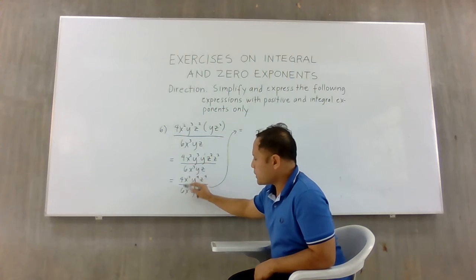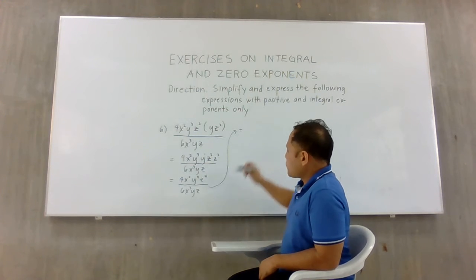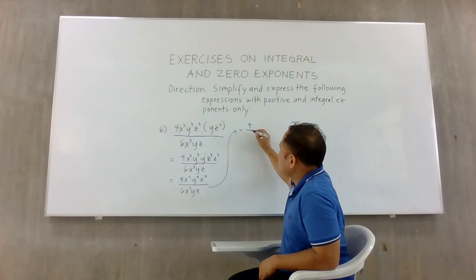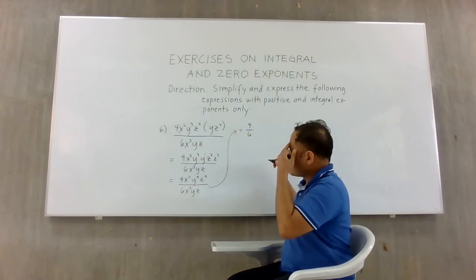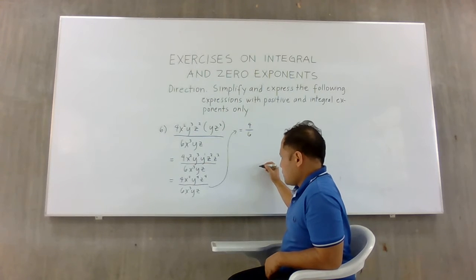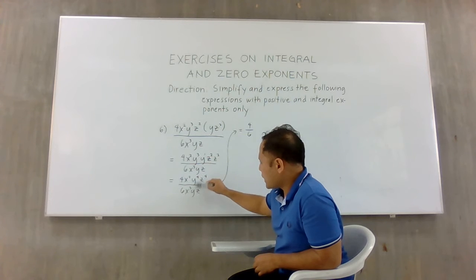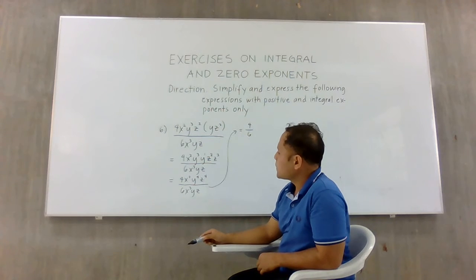Okay, we can actually separate this number. So we can have the fraction 4/6, and then, remember, notice that we have three kinds of variables.